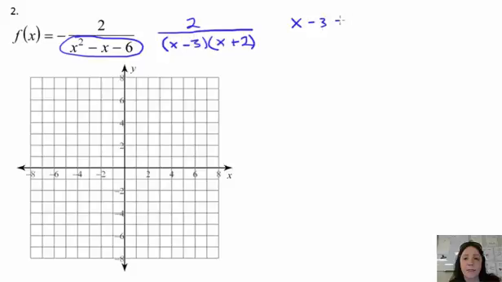So x minus 3 equals 0 gives me x equals 3, and x plus 2 equals 0 gives me x equals -2. So I'm going to sketch my vertical asymptotes at x equals 3.